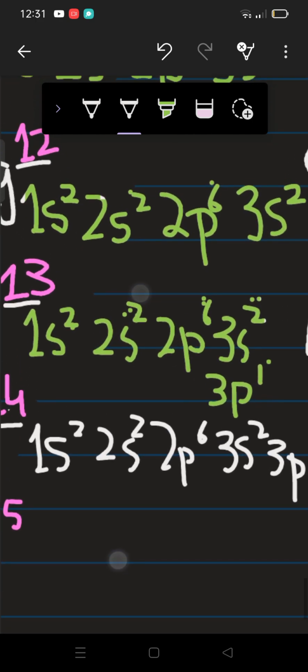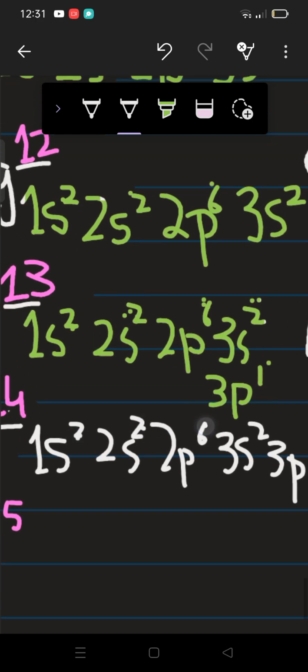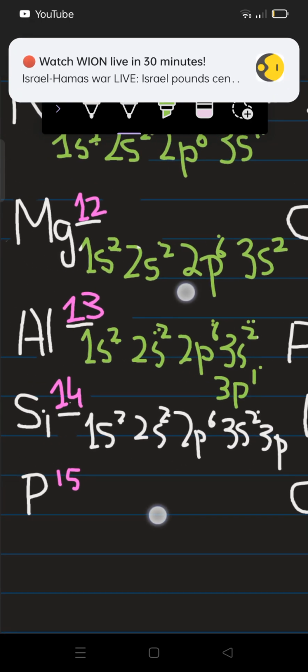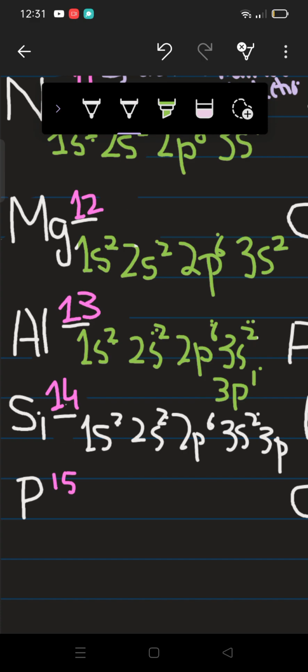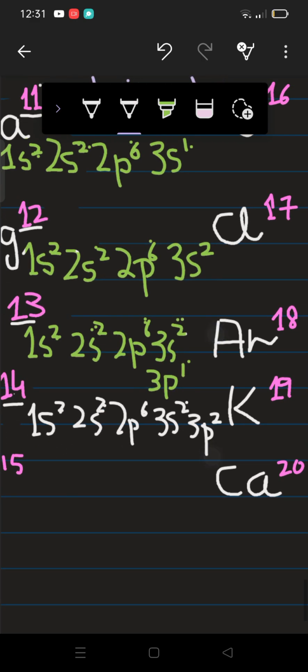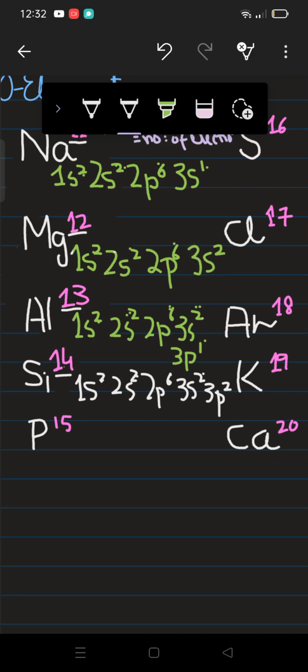Let's count first these. 2 plus 2 is 4, 4 plus 6 is 10, 10 plus 2 is 12, and silicon's atomic number is 14, which means 2 electrons are left, which means p will occupy 2 electrons. So 1s2, 2s2, 2p6, 3s2, 3p2 is the electronic configuration of silicon. You can count as well: 2 plus 2 is 4, 4 plus 6 is 10, 10 plus 2 is 12, 12 plus 2 is 14.